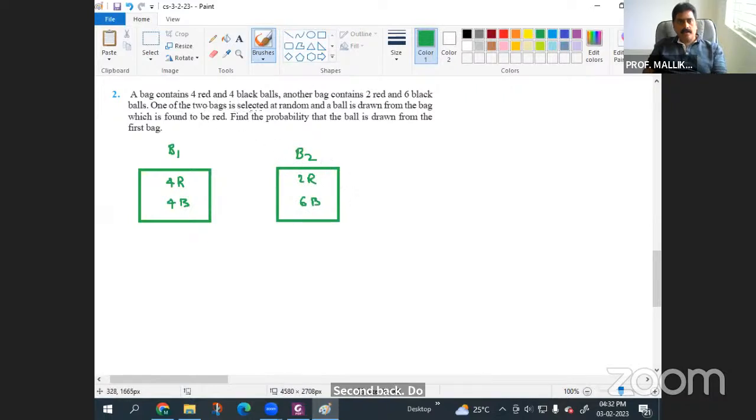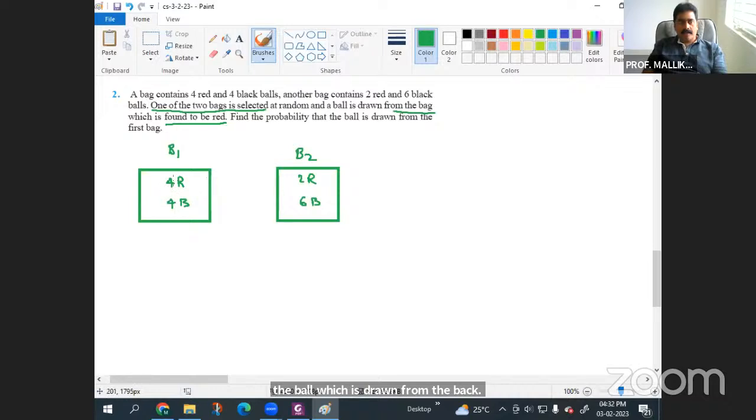One of the 2 bags is selected at random. So they have selected one of the bags at random and a ball is drawn from the bag, which is found to be red. The ball drawn from the bag, they have found that it is red.